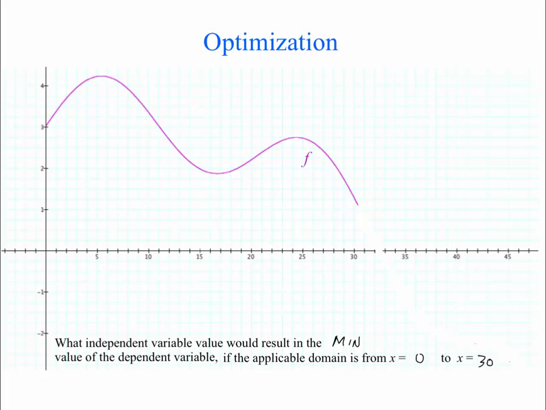Is it going to be at a local min? There we go. I want the min on this applicable domain 0 to 30. 30. Is it a local min or local max? No.